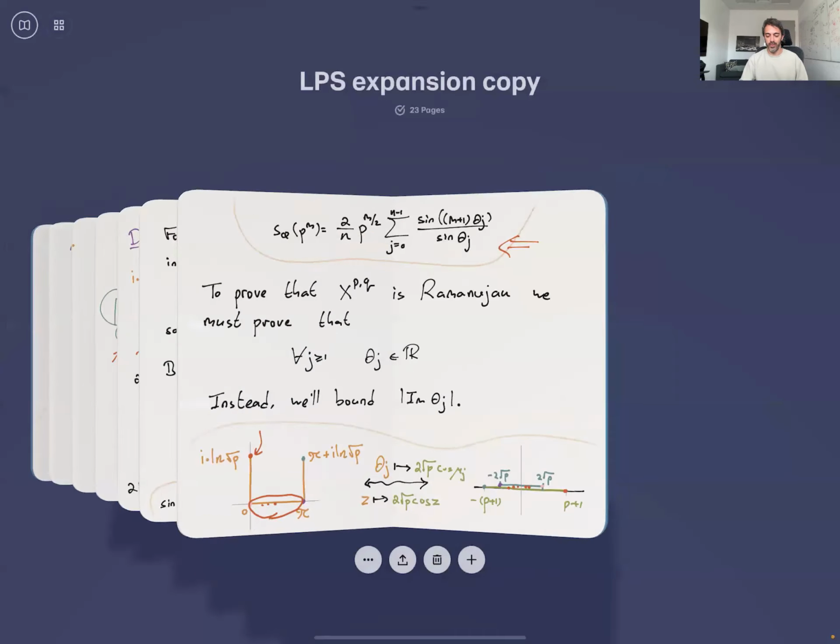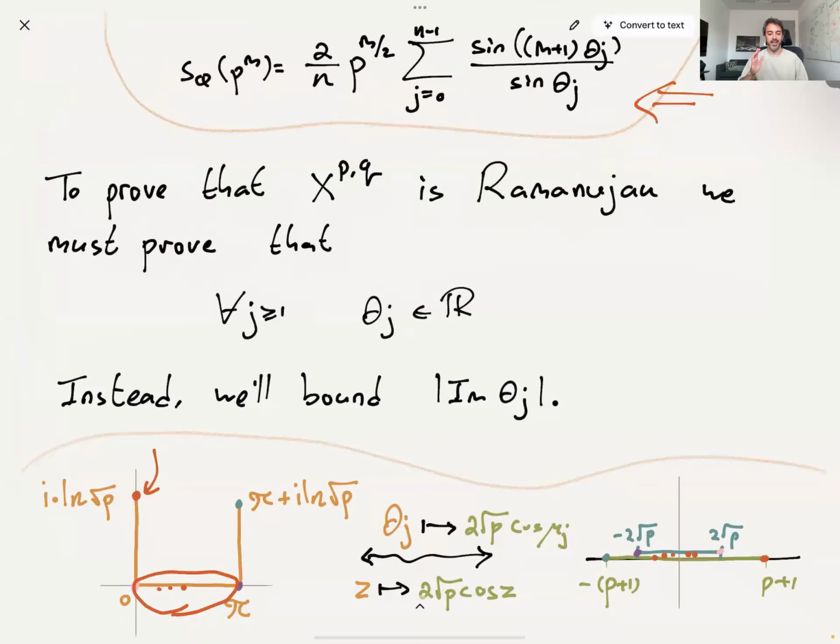And so this is where we split our journey. You would want to prove it's Ramanujan, and therefore you want to prove that all the theta j's sit here. They're all real. And you can do that, and that's deep and heavy and complicated. I'll maybe add a video about the general idea behind it, but it's too much to do in one course.